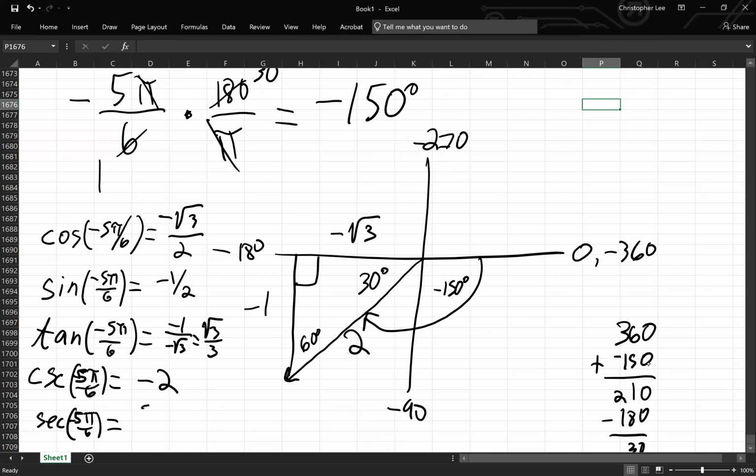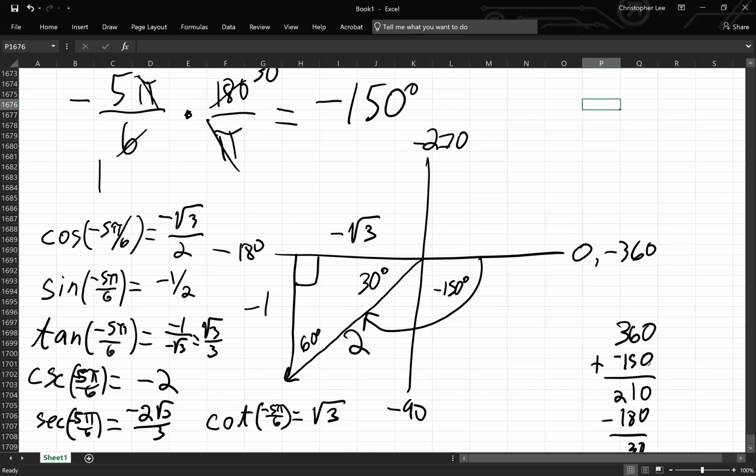So what is that? That's -2 radical 3 over 3, right? Then we have cotangent, right? Of -5 pi over 6. I forgot to write that, right? We're just gonna flip the tangent answer. So this is just gonna be radical 3. And that's it. Easy, right?